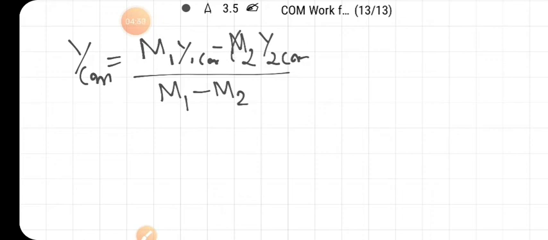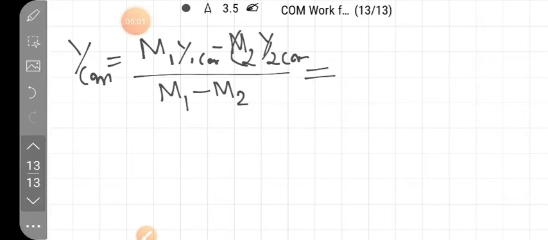From there, this much cut out mass was there, and this is the remaining structure. This is the center of mass of the remaining structure. So as we have calculated, let's put the values and see.